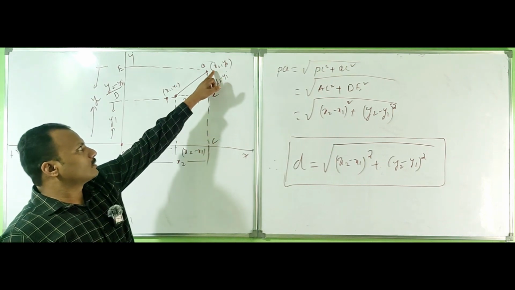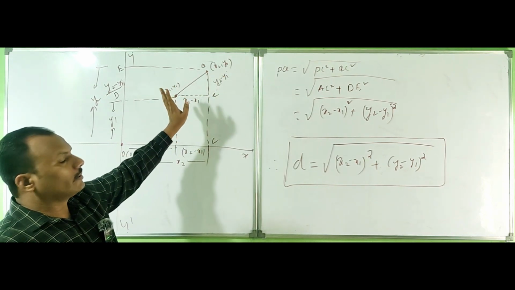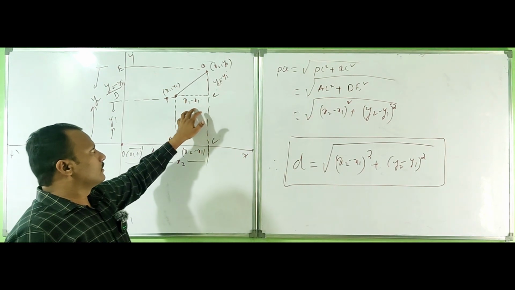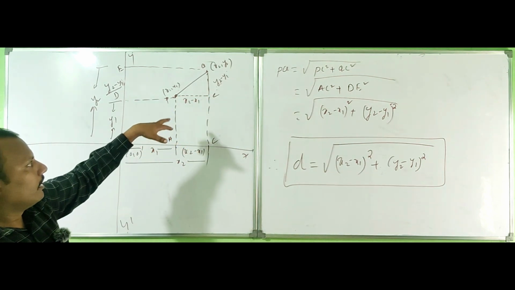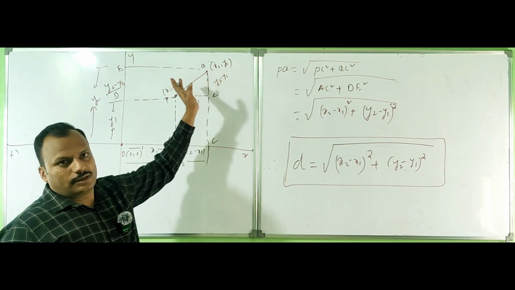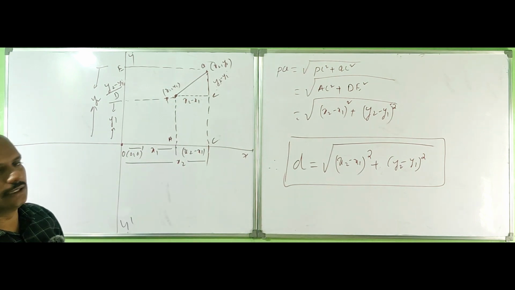Similarly, I am using x2 minus x1 whole square plus y2 minus y1 whole square. It is simple, and you can write it either way.